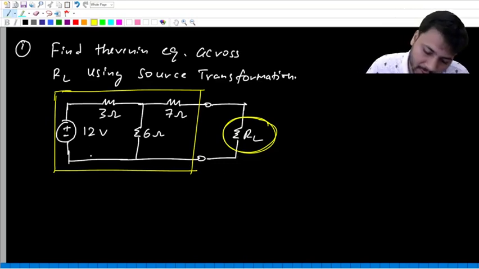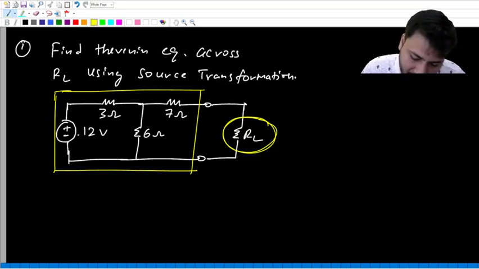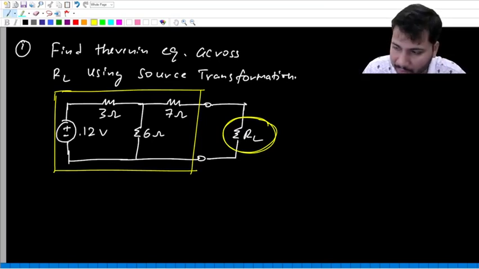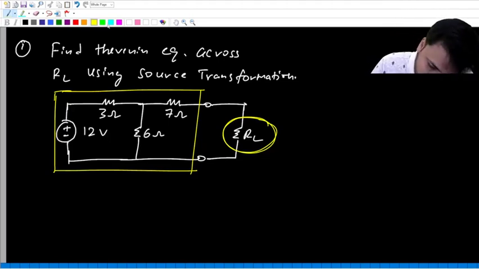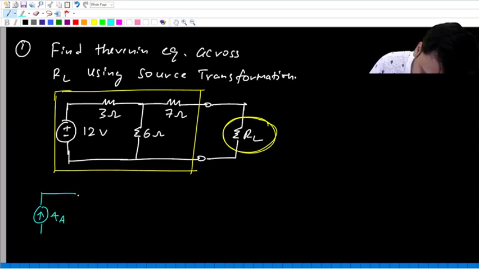So what is source transformation? First you have this 12 volt source in series with 3 ohms, which will become 12 by 3, 4 amps in parallel with 3 ohms.